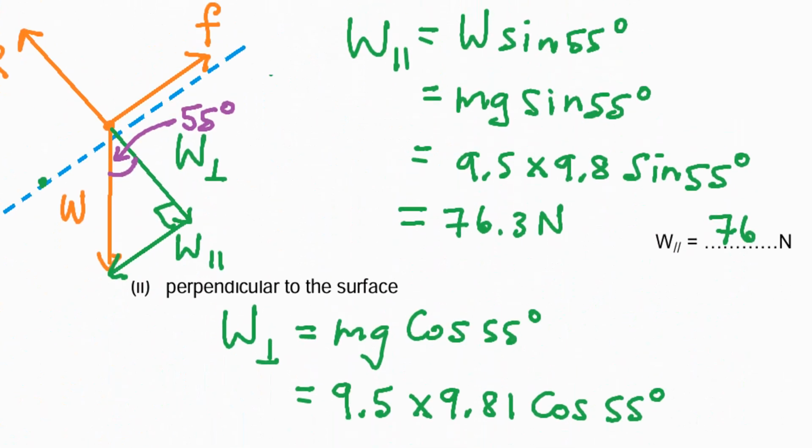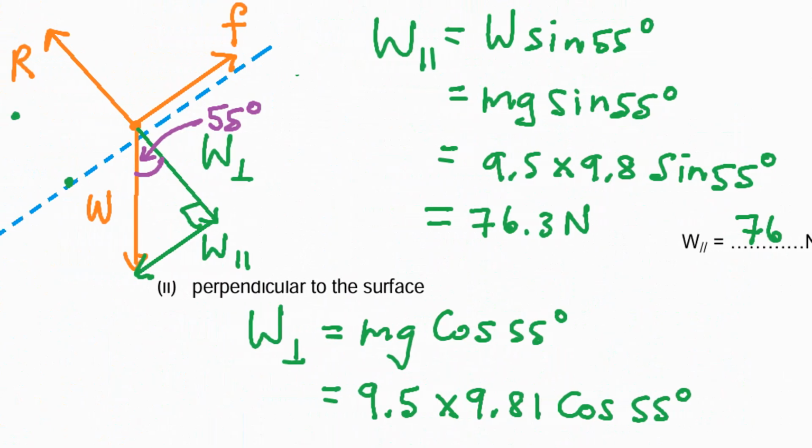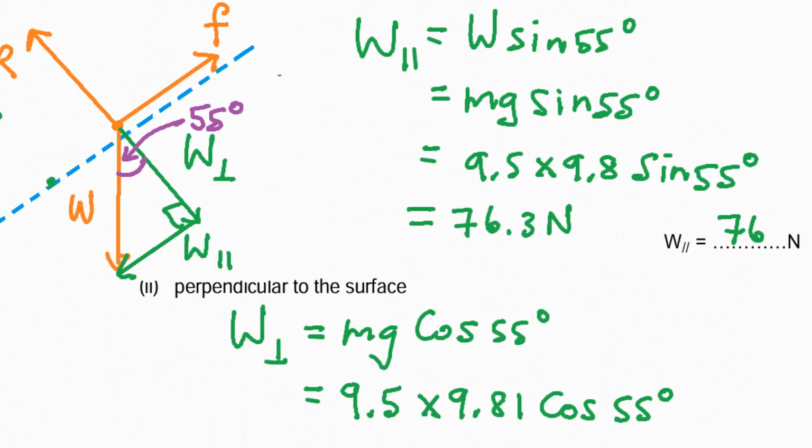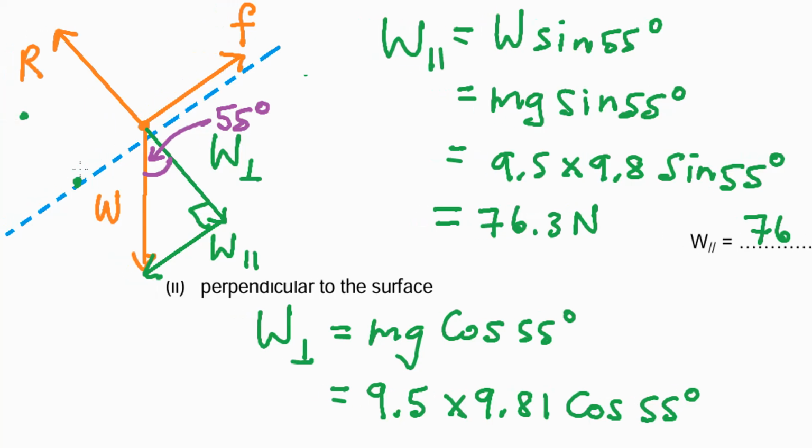So, for example, the forces that are perpendicular to the plane or incline, in other words, R and W perpendicular, would have to be equal. And the forces parallel to the plane or the surface, in other words, W parallel and F, must be the same. So W parallel down the incline must equal F up the incline.